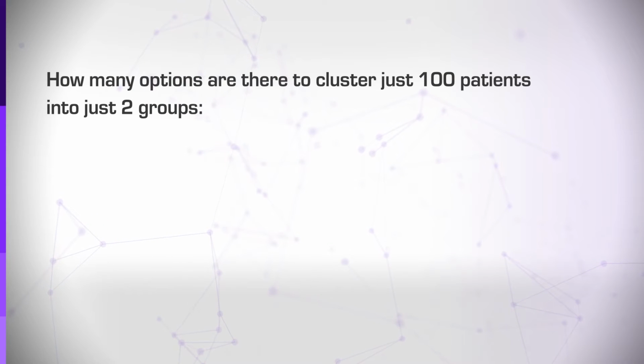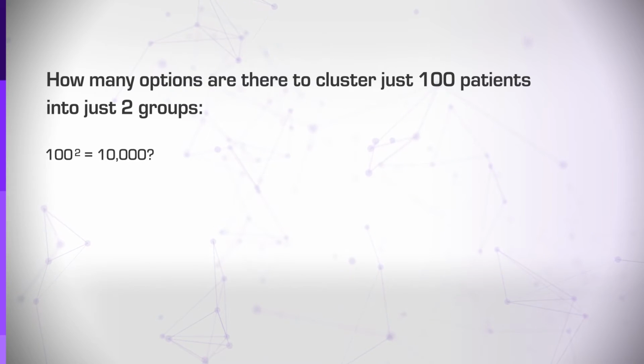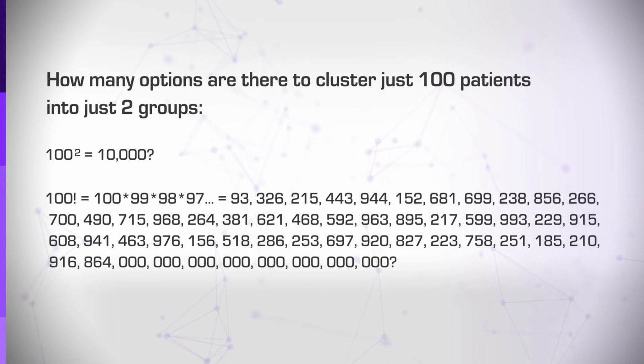Experimentation time. How many options are there to cluster just 100 patients into just 2 groups? Maybe 100 squared? Maybe factorial of 100? Well, let's say the first patient goes here. Now he is a group of 1 patient. The second patient has 2 options, either to join the group of the first patient or to go to the second group.